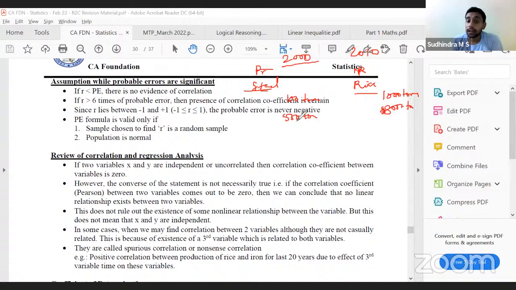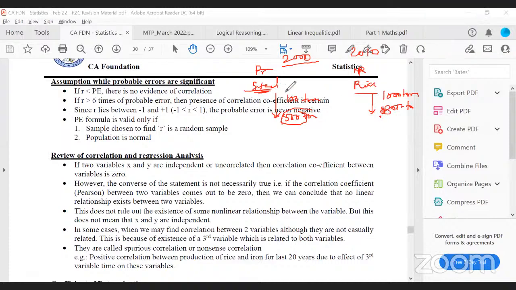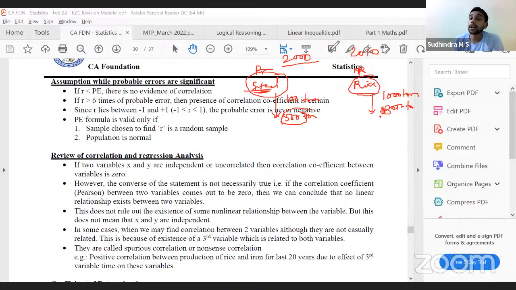Now, for every change in steel, there is a change in production of rice. But is the production of rice changing because of the change in production of steel? No, right? It is not because of the change in steel that the production of rice is changing. It is because of a third variable called time.